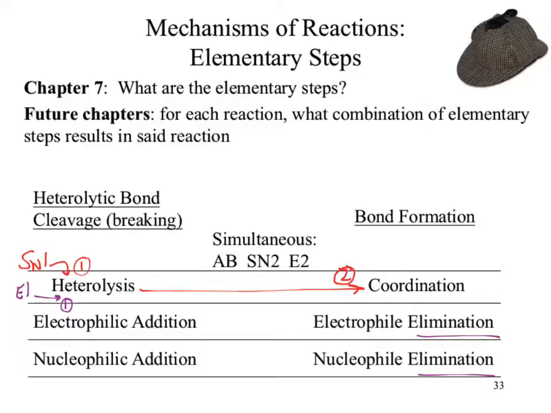An electrophile. Does anybody have any problems with that? I do. Electrophile is by definition not hydrogen. I really don't like that definition. They're using it as a broader category. Maybe it's better to call it a Lewis acid elimination, and then a Lewis base elimination, but it kind of works. So our SN1 and our E1 are involved in those mechanisms, but we have to combine multiple mechanistic steps.